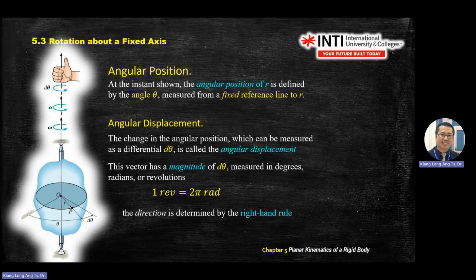This one, omega square equal to omega 0 square plus 2 alpha delta theta, where acceleration is alpha and delta S is delta theta. The change of S, or S2 minus S1, is the same. So delta theta equal to omega 0 t plus half alpha t square.